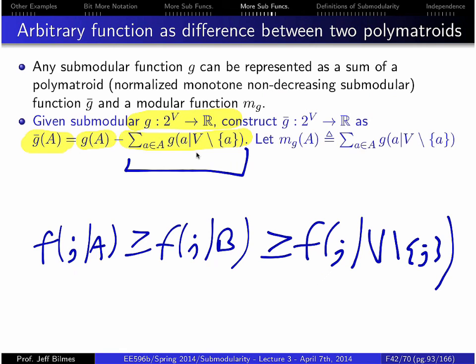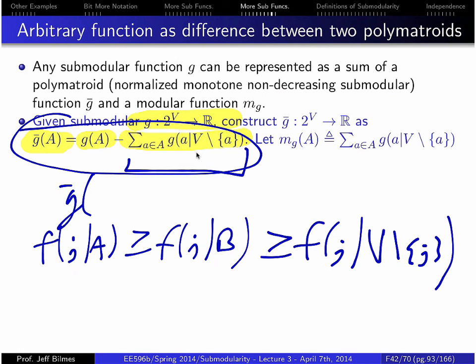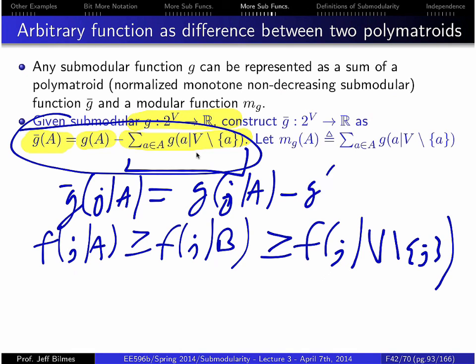And so what we're doing here is subtracting off a modular function where each item is valued by the negative of the smallest possible gain. So any other gain, let's evaluate g bar of j given A. Well, that's just g of j given A minus g of j given V except for j, which is necessarily greater than or equal to 0 by submodularity.